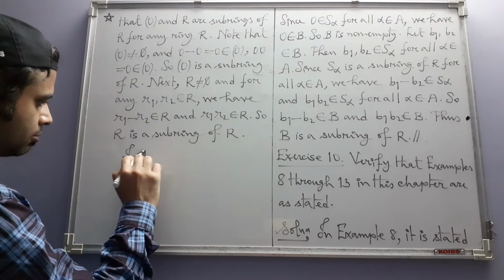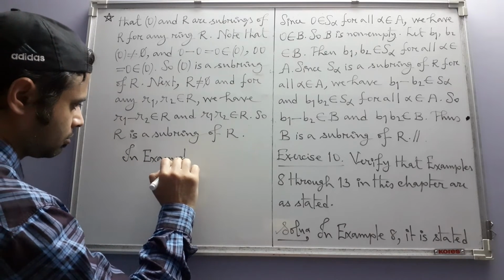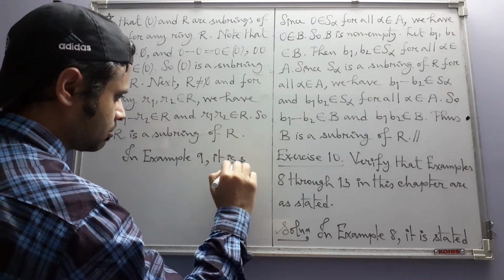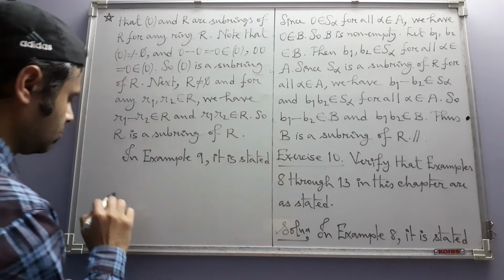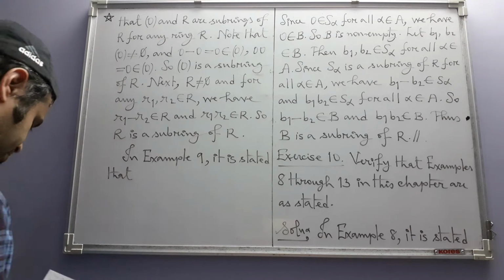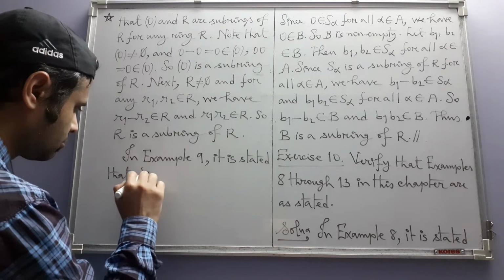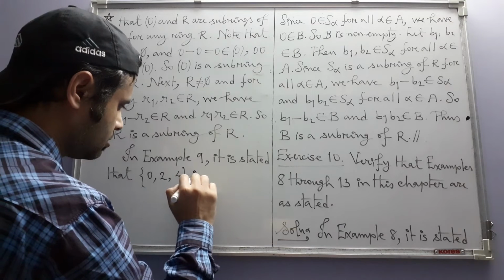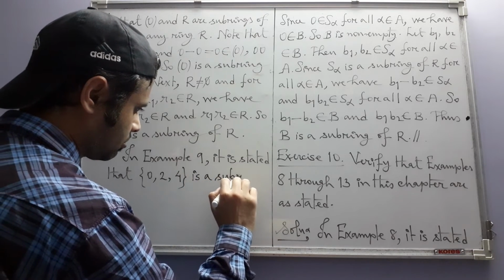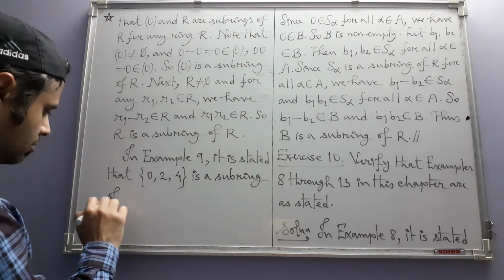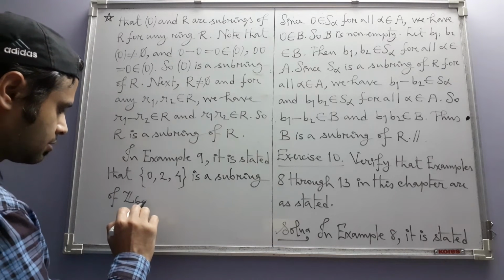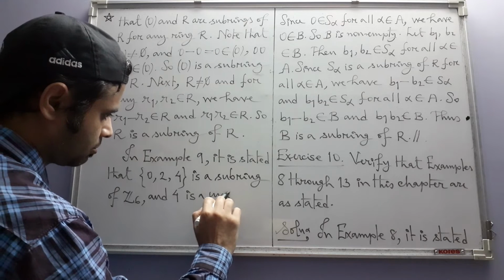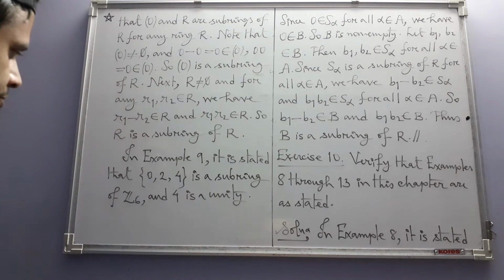Then in example 9, it is stated that the set {0, 2, 4} is a subring of Z6 and 4 is a unity.